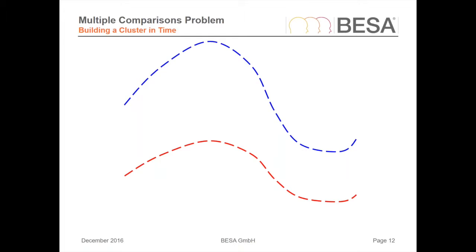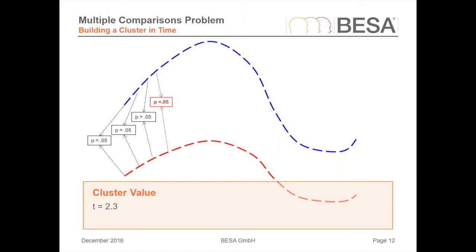So if I just look at the time domain for the moment, I am going to check on some tests. Say we have here tests that do not surpass the threshold of significance, which we set at 0.05 for the p-value. And at some point we get to a point where the p-value is smaller than 0.05.